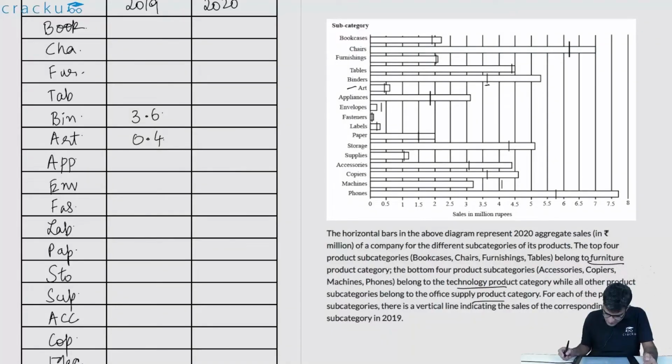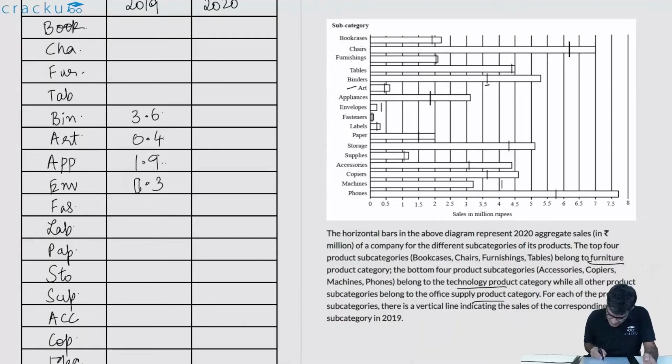Then we have envelopes, which is something like 0.3. Appliances is just less than this, we can maybe give it 1.9. I think we missed one, no? Binders is 3.6, art is 0.4, appliances is 1.9, and envelopes is 0.3.